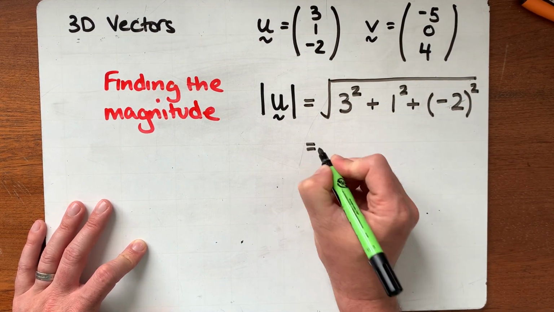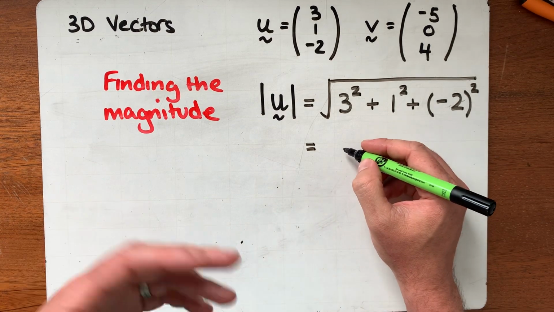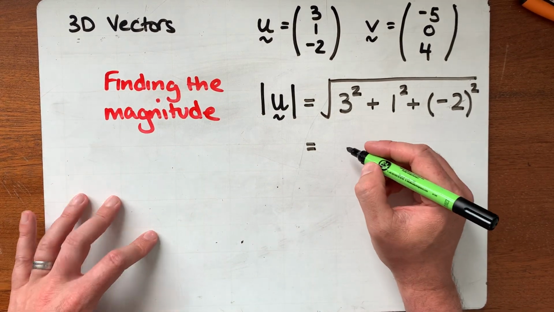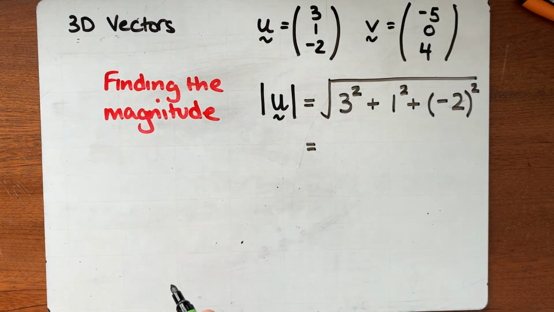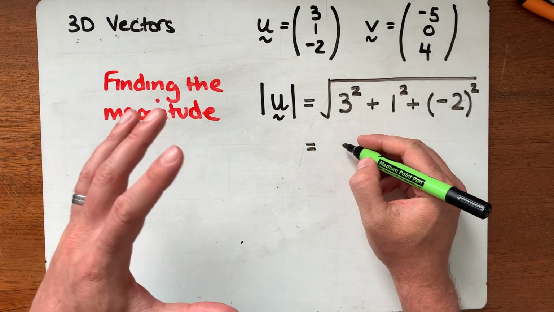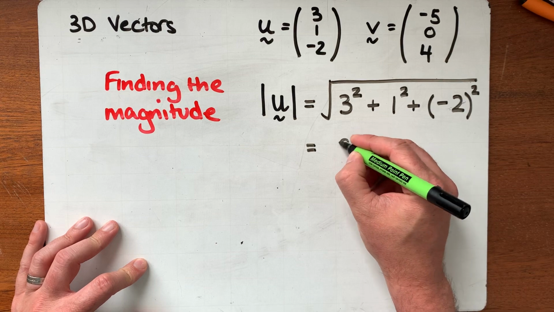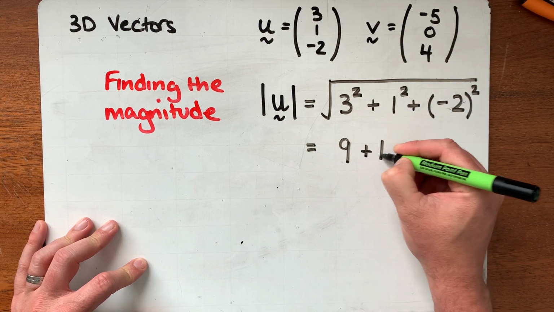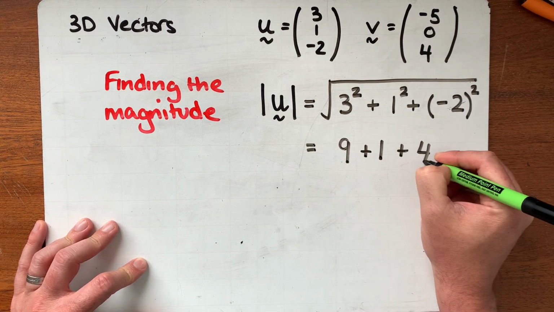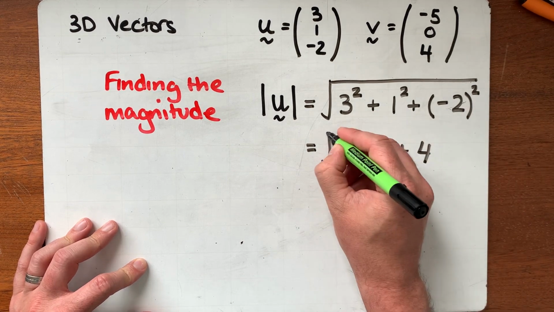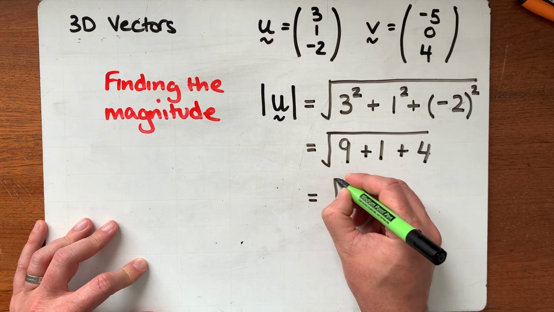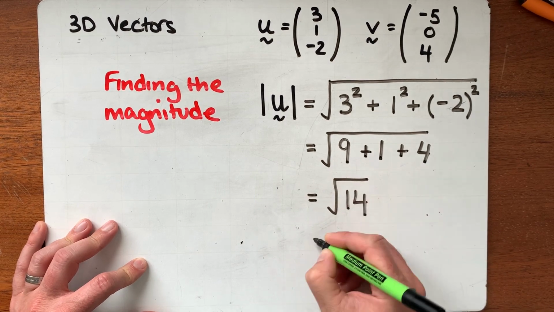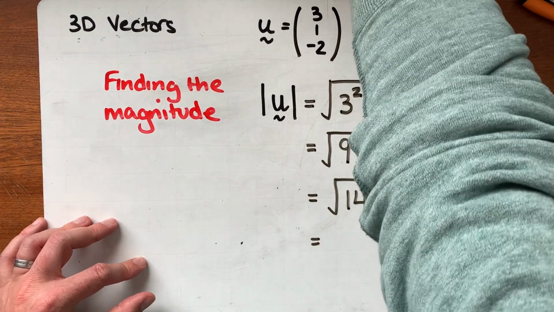Okay. Few lines to work this out. Again, you can use your calculators here. Once we've covered the topic of surds, you might look at doing this slightly differently, but we're just going to use our calculators for this just now. So we've got 9 plus 1 plus 4, -2 squared being +4, and we're adding that +4 here. This gives me the square root of 14, and I'm just going to type that into my calculator.